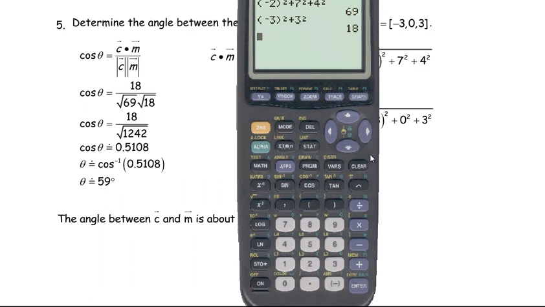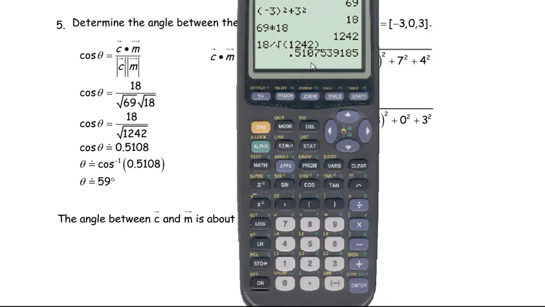I guess I could do that here. 69 times 18. I would write it like that because then it's a little bit easier to do this calculation. So 18 divided by the square root of 1242. So it gives me 0.5107.